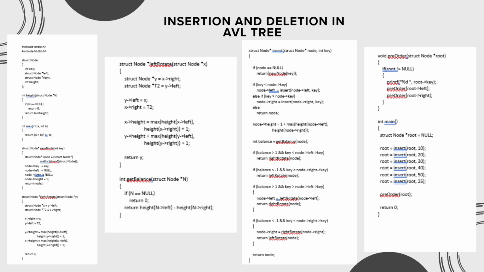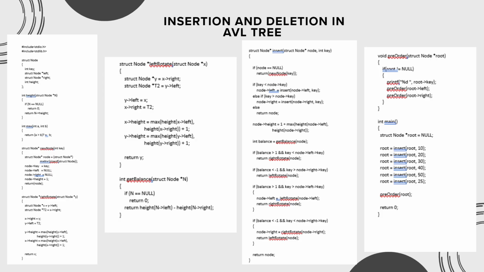So at the top, we include the stdio.h library and the stdlib.h library. stdio.h is for printing using printf, and stdlib.h is for memory allocation using malloc, which we need to create new nodes.